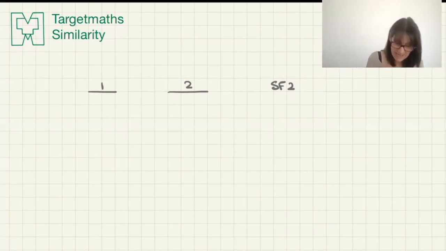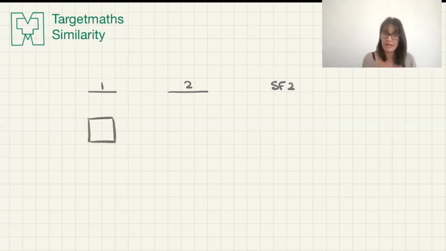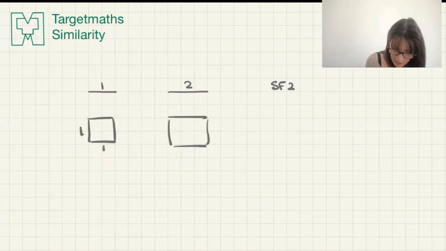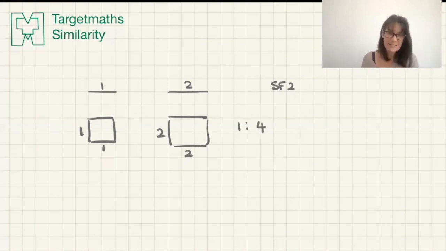Now I can turn a length into an area by adding a second dimension. If I say that this square is 1 by 1, and I say this one is 2 by 2, then I've got an area on the first one of 1 and an area of the second one of 4. And I'm going to come back to that in a minute.